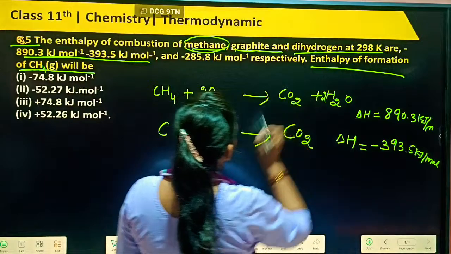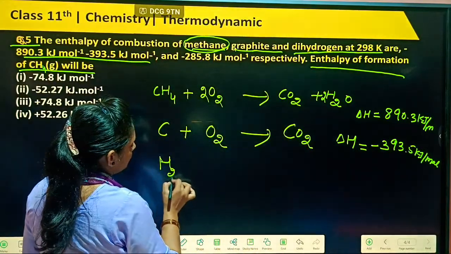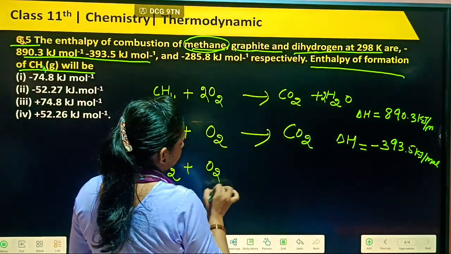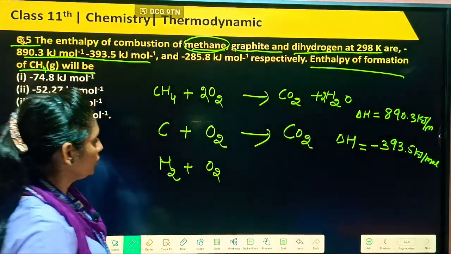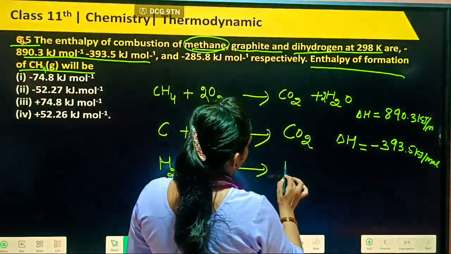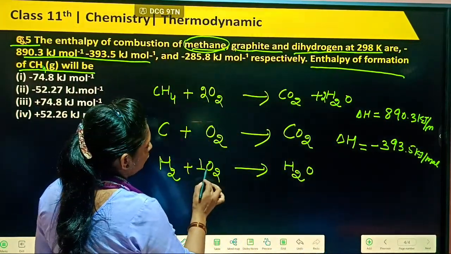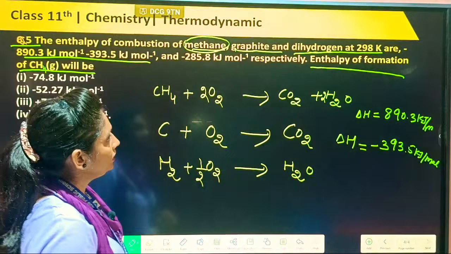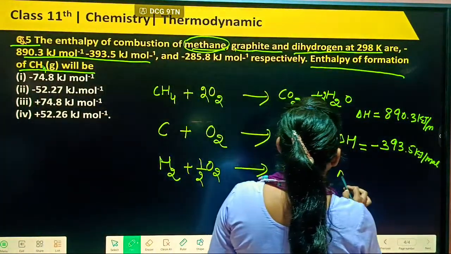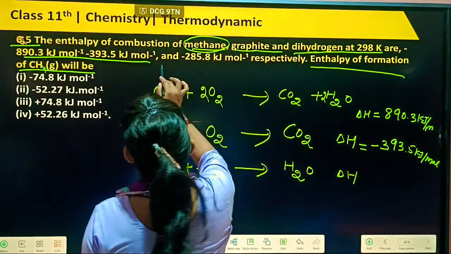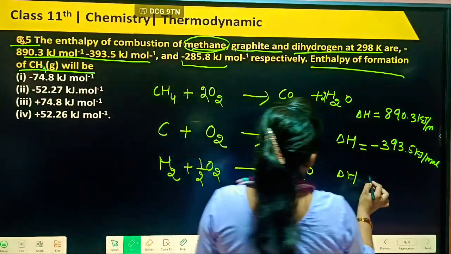Then combustion of dihydrogen, H2 plus O2 gives H2O. Then you will balance. After balancing, it will give this del H.